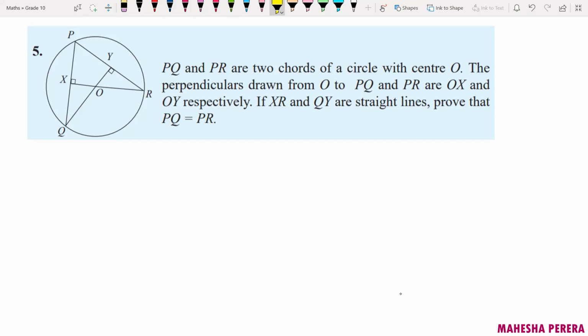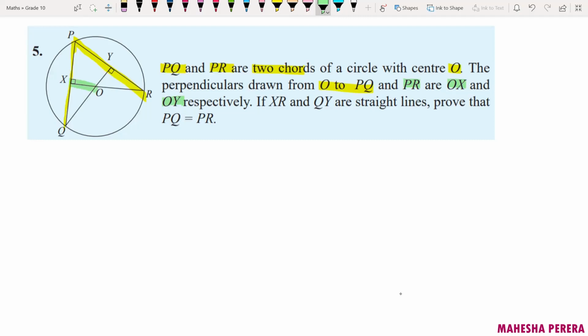Fifth question. PQ, PR are two chords of a circle with center O. This is PQ. And here is our PR. The perpendiculars drawn from O to PQ and PR are OX and OY.